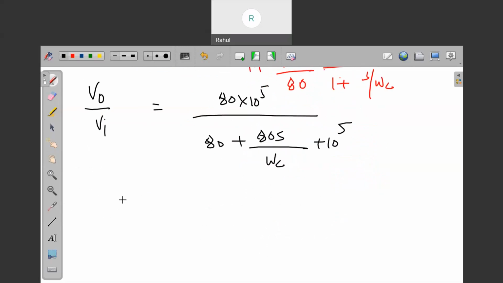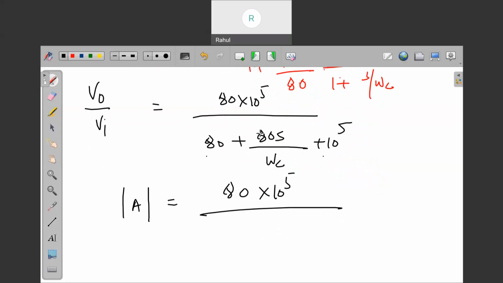Now V naught by Vi, or you can say A, can be written as the magnitude of 80 into 10 raised to power 5 upon this real part plus this, and you can take the square of that. So you will be able to get the answer very quickly.